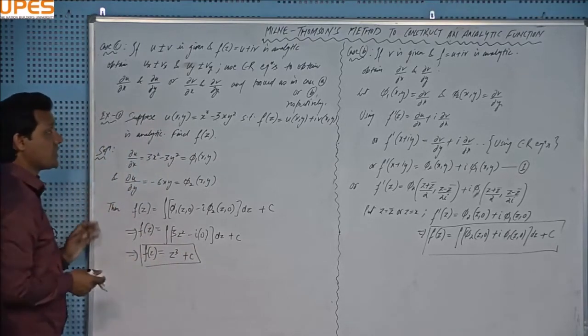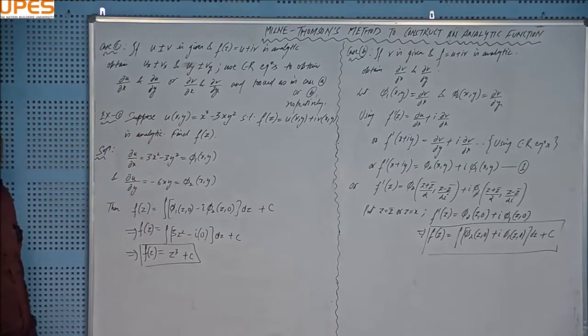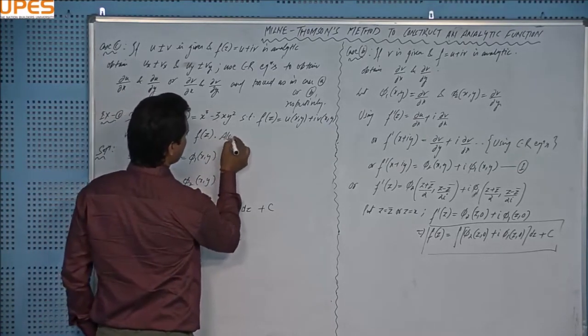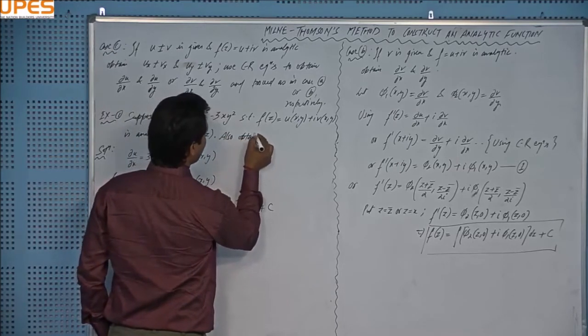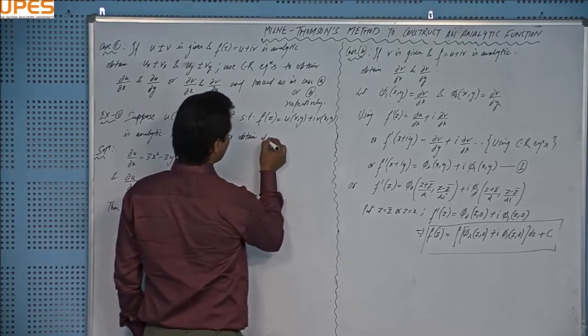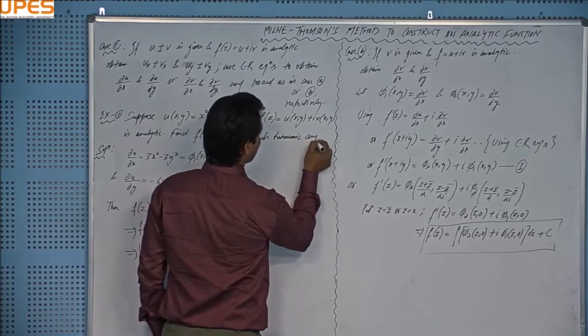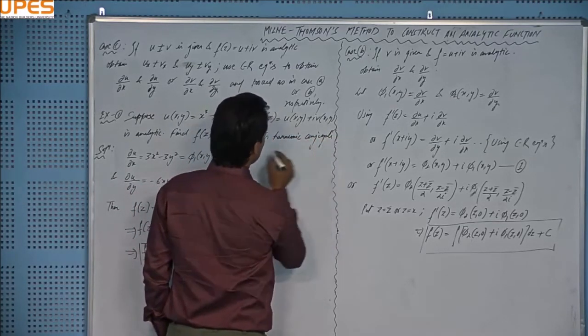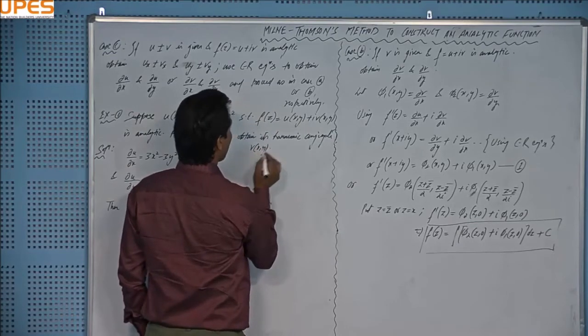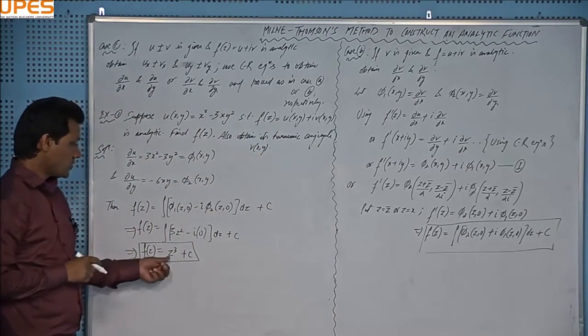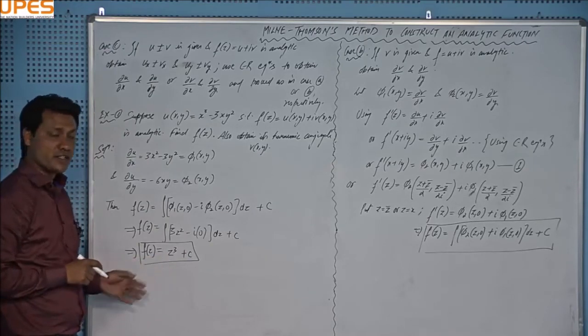And you can see that, however, it is not asked in the question. If I add one more thing, also obtain its harmonic conjugate V x comma y. If this is also asked in the question, then what you will do, you will substitute z equal to x plus iota y, and then open it up.